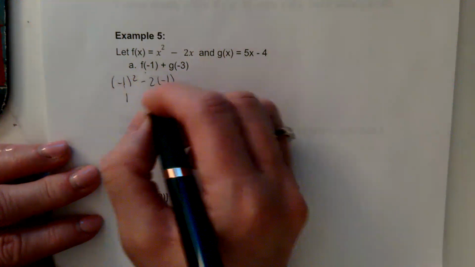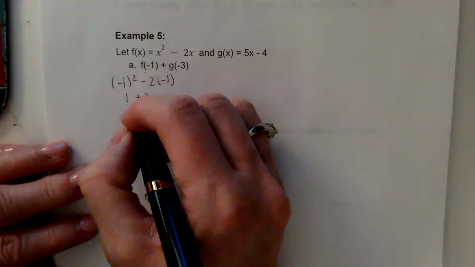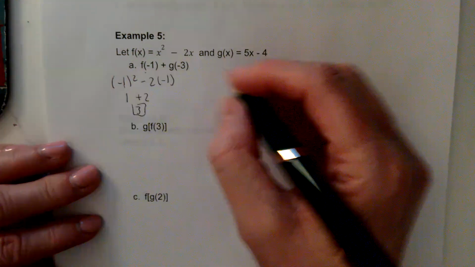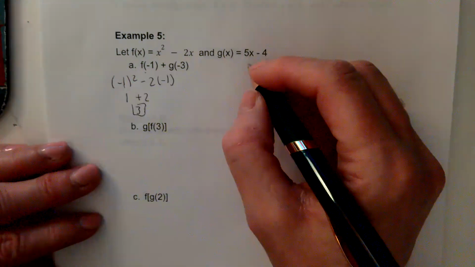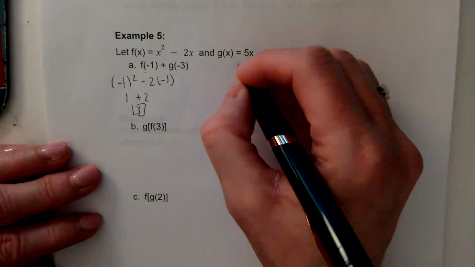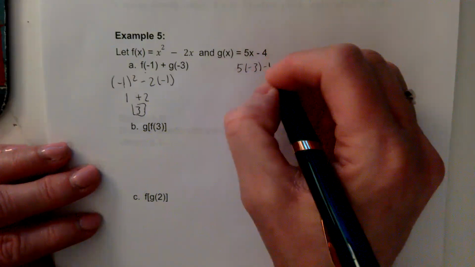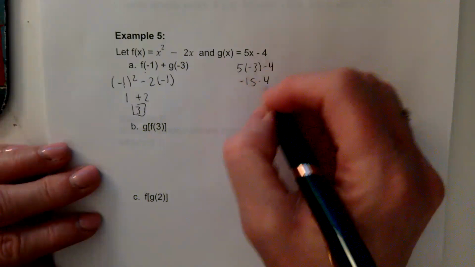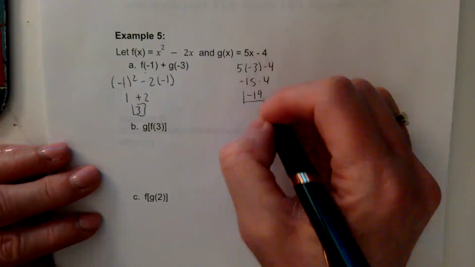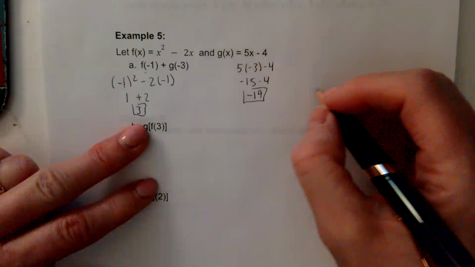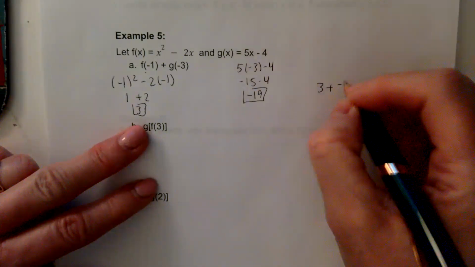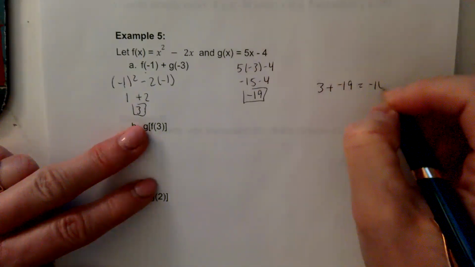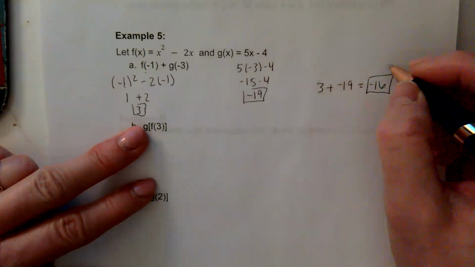Negative 2 times negative 1 is plus 2. And so that results in 3. And then g evaluated at 3 is 15. Subtracting 4 is 11. Wait, we wanted g at negative 3, which is negative 15. Subtracting 4 is negative 19. And we wanted to add them together. So 3 plus negative 19 is negative 16, our final answer.